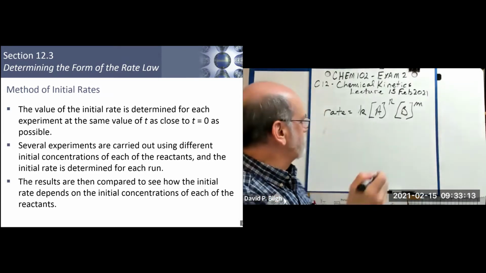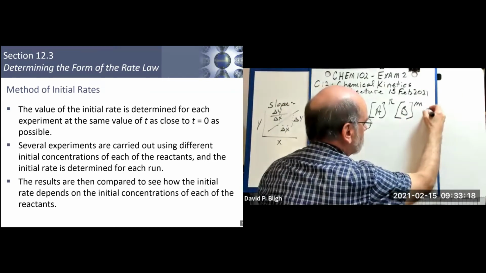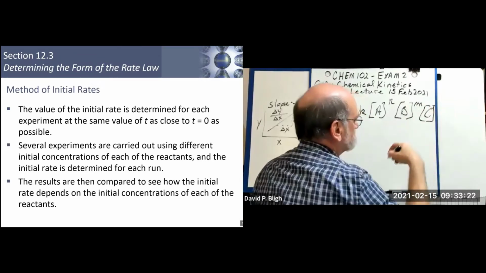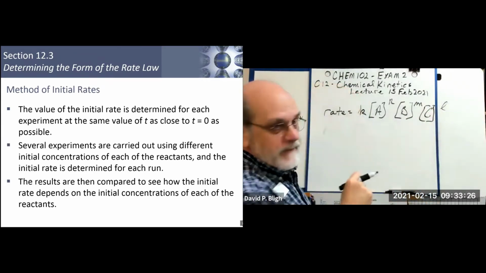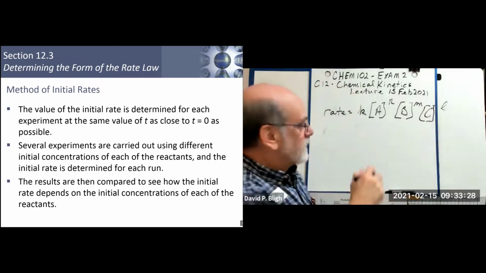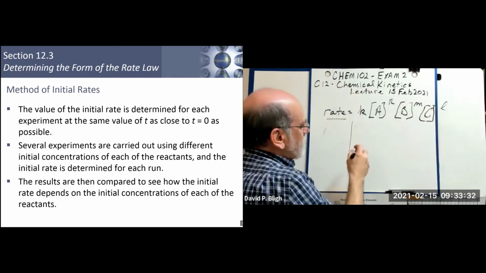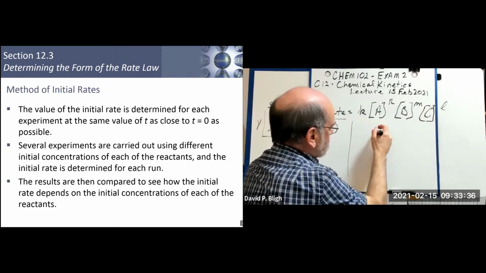So if you have A, B, and C, with orders N, M, L. If you have that many reactants, then you want to do your experiments so you have rates where you hold this one, you let this one vary, right?